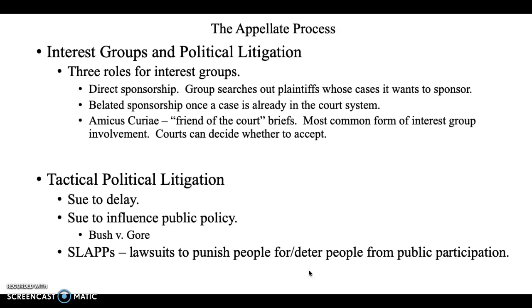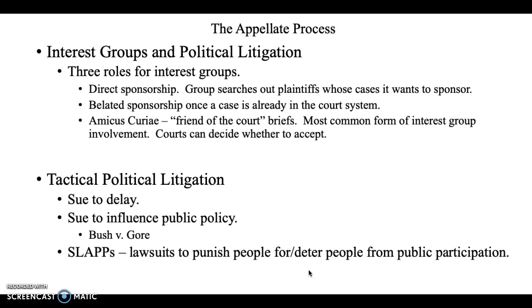We talked about tactical cases where you sue to delay or sue to influence public policy. In California, there's a law called the Anti-SLAPP Statute. A SLAPP is a strategic lawsuit against public participation.